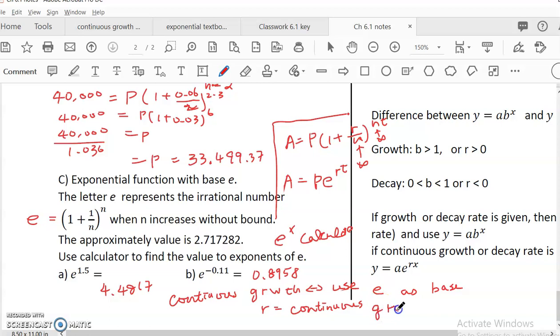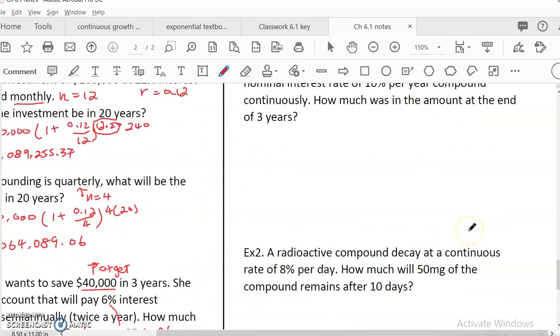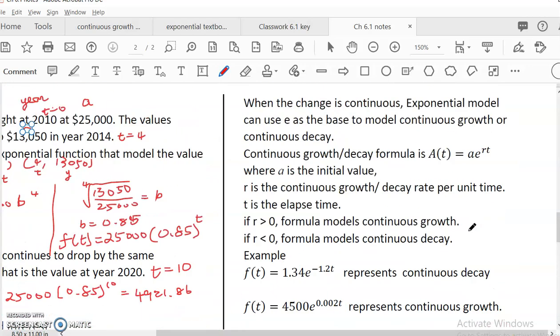This is different from the growth rate that we have for 1 plus B. For money, this is the same rate, but it is a different growth rate. It is called the continuous growth rate, which is different from the normal growth rate of 1 plus B. So maybe I'll talk about this continuous growth in the next video because I don't think I can finish this in 3 minutes.